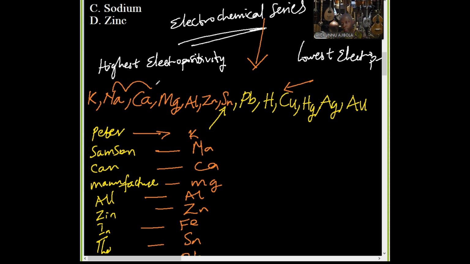But sodium can displace the rest. Calcium can never displace these two. Is that clear? But calcium can displace the rest. Magnesium will not displace these three, but magnesium can displace all of the rest to produce those elements when it meets them in a compound or in a reaction.